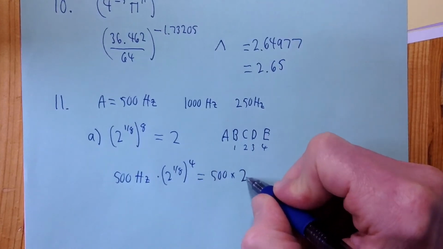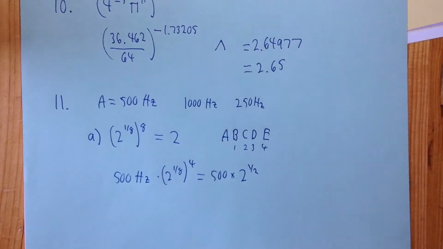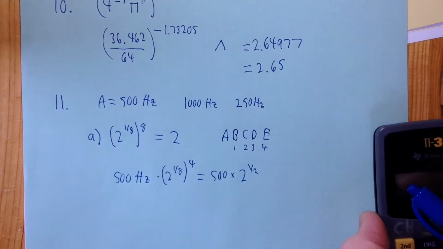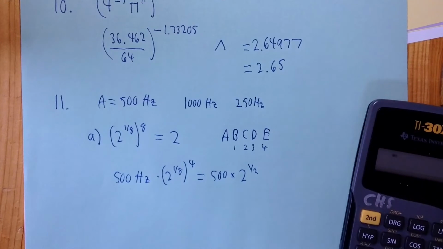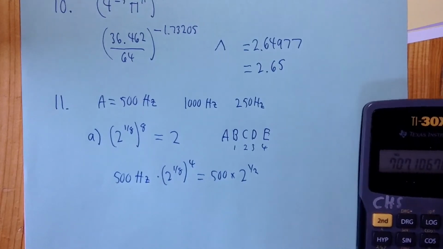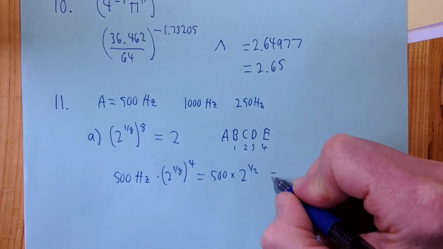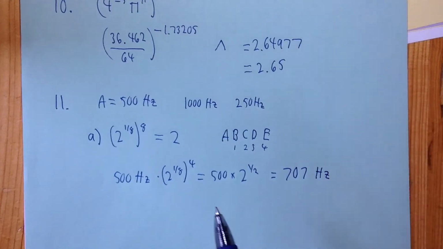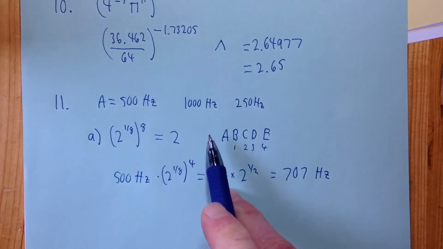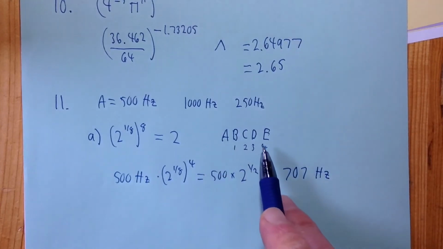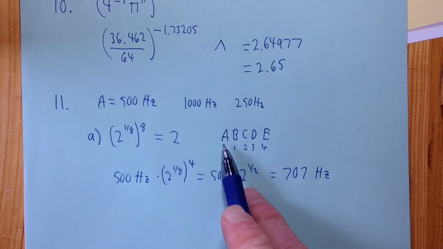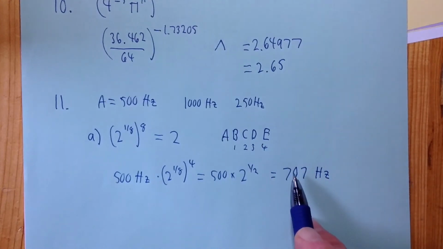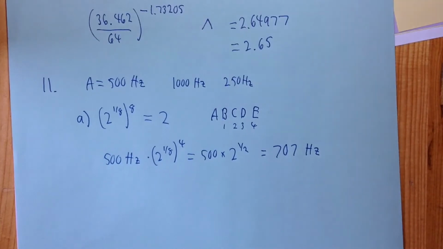So that's just 2 to the 1/2 power, which is the square root of 2. So the note would just be 500 times the square root of 2, which is about 707 hertz. So the first E note above the A at 500 would be 707 hertz.